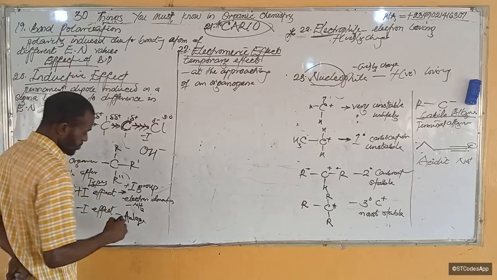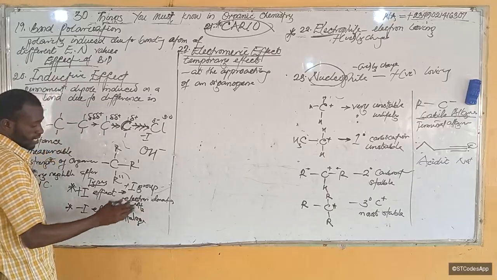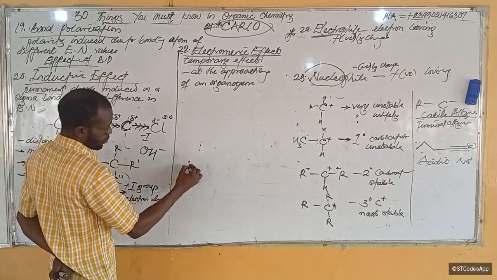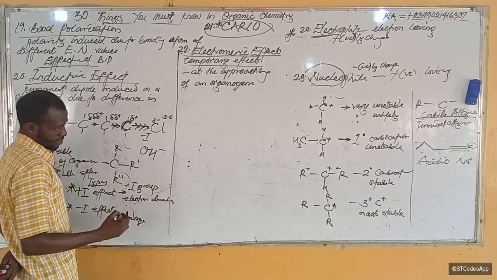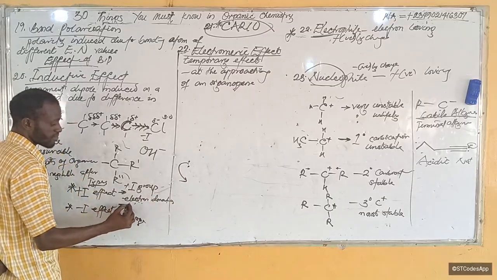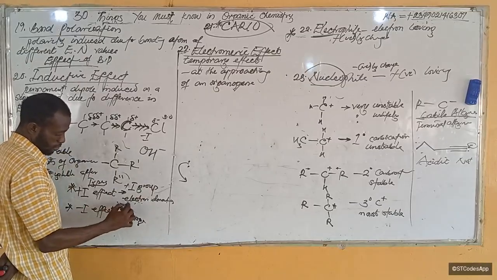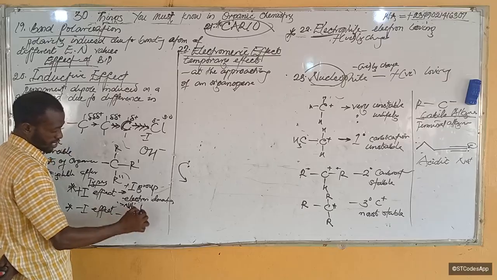Amine has a lone pair, so what it does is it can donate that lone pair. It donates electron, so it will be a plus I group. So the amine group is electron donating.